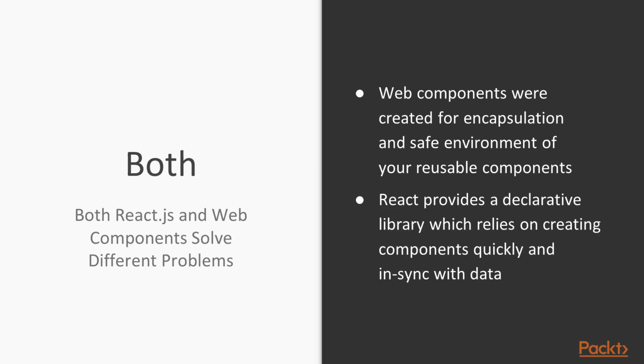However, React provides a declarative library which relies on creating components quickly and in sync with data. So that's the reason why we can use both React.js and web components in tandem together to create an even better web application.